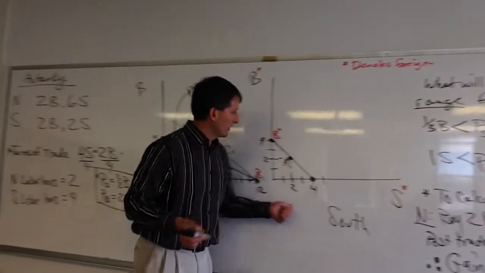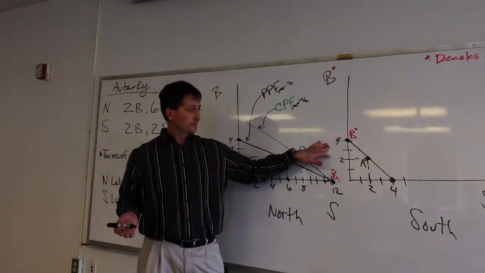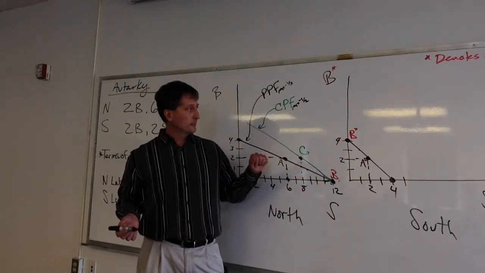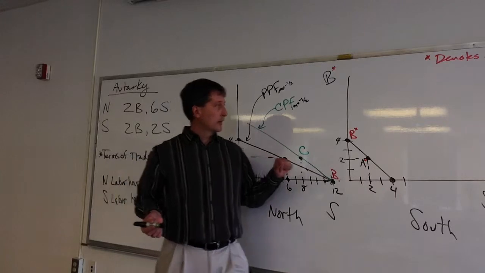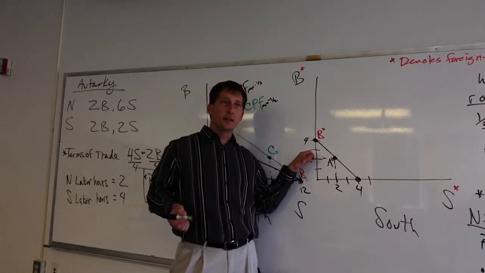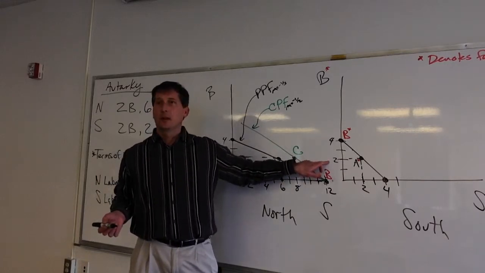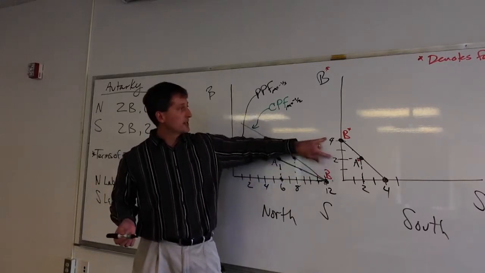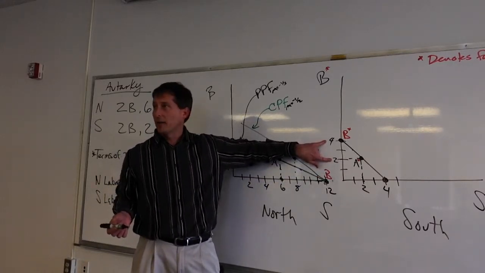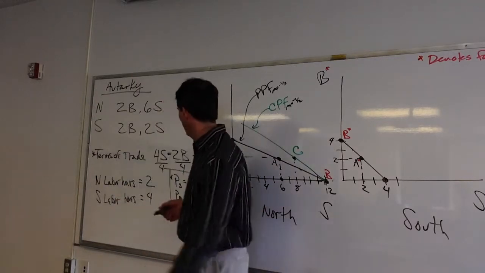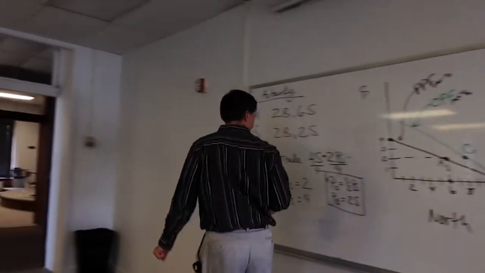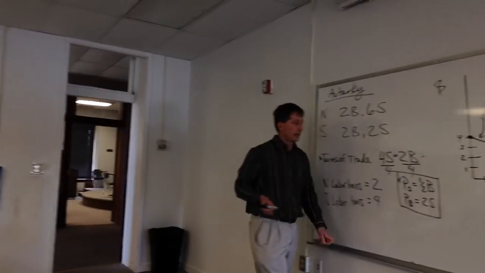All right, back to the southerners. We're going to get them back to the same level of bread they had before, which means they're going to sell off 2 of their bread. What are they going to get for their bread? They're going to get 2 shirts.